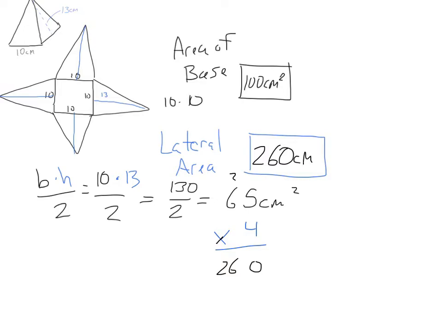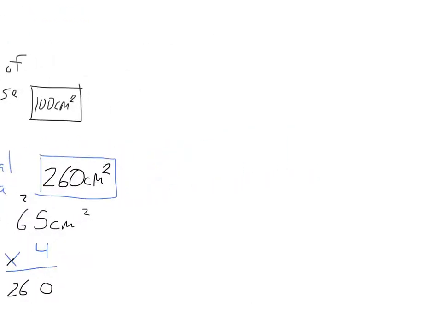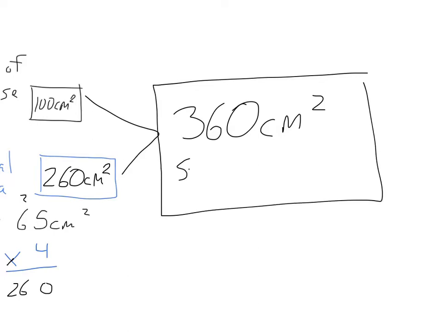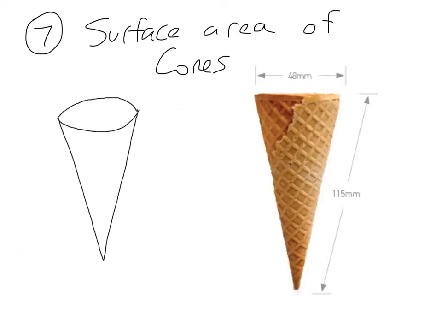That's not a squared. I'm using a different stylus today and I don't like it. Anyway, to find the total area, we're just going to add those things up. So 260 plus 100 would be 360 centimeters squared, and that is the surface area of that pyramid.